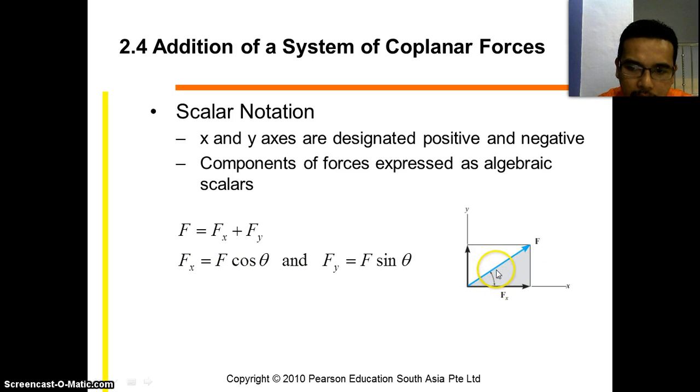So this vector has a direction from this point to this point. From this point, how do we go there? We can travel in the x direction, and then from here we go up. So from here to here is in the x and y axes. From this point we go to the right, and then until this point we go up. Then we reach the final point of the direction of that particular force.